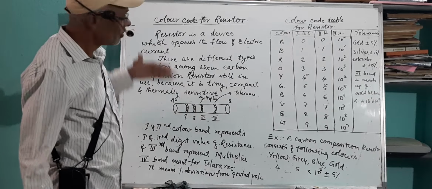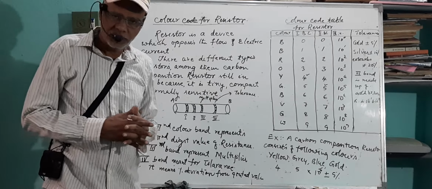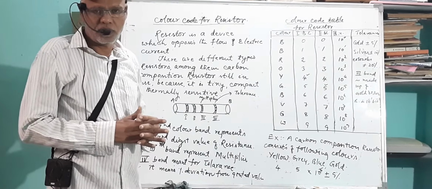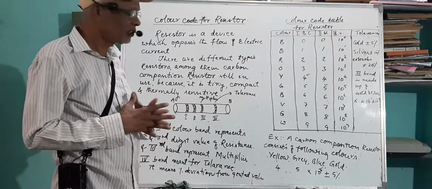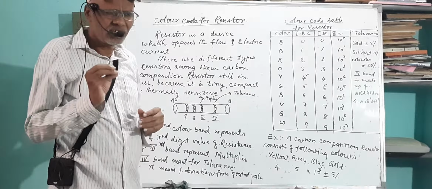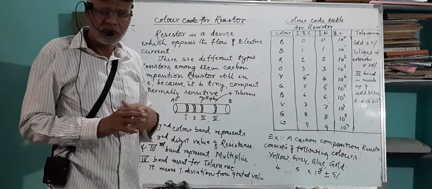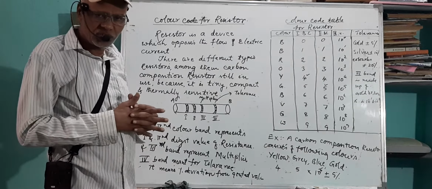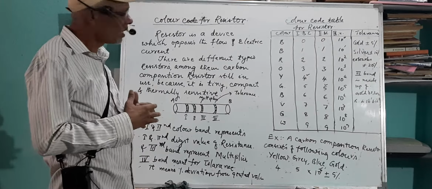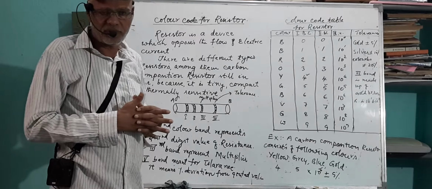So far we have discussed the color code for resistors. We know what a resistor is. We have studied the different types of resistors.